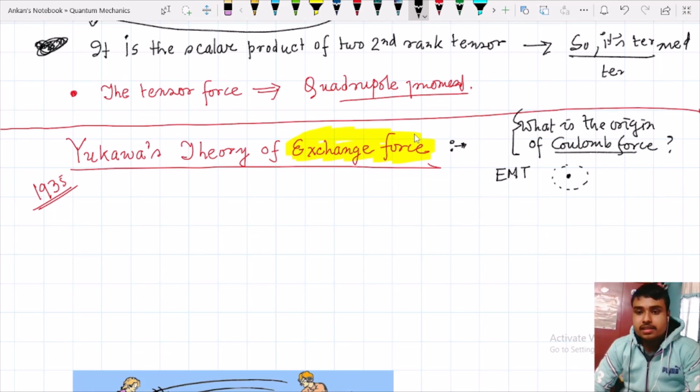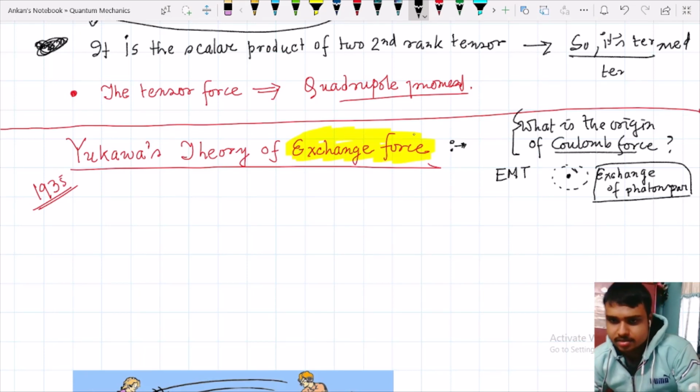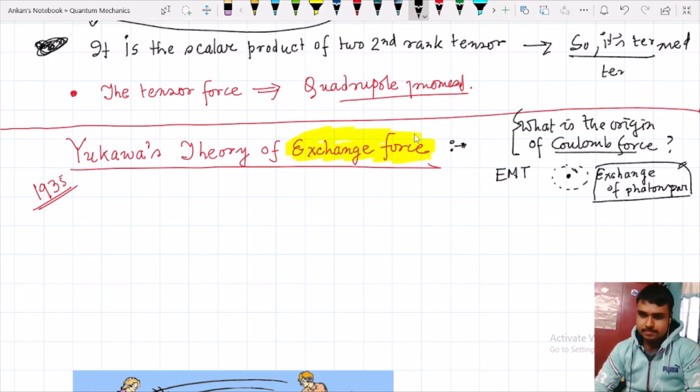Every charged particle is surrounded with some photon particles, and the force of attraction or repulsion between opposite or same charges gives rise to exchange of photon particles. For electric charges, the exchange of photon particles takes place.